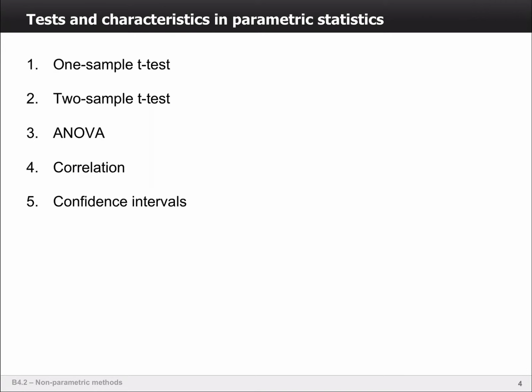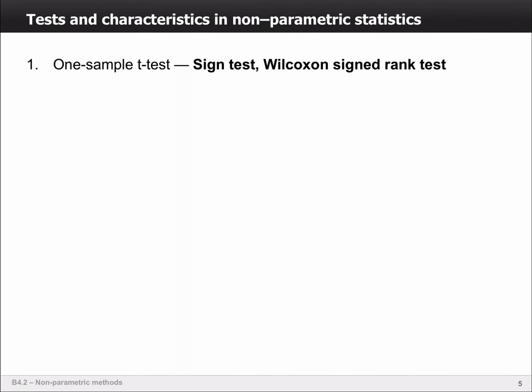Well, in this case we need to use non-parametric methods, and actually almost every parametric test has a non-parametric substitute. We are going to discuss today what to do instead of one sample t-test, instead of two sample t-test, instead of ANOVA, how to calculate correlation coefficient if your data is not normally distributed, and how to calculate different confidence intervals without actually using any analytical functions. So that's the plan. The one sample t-test has two substitutes.